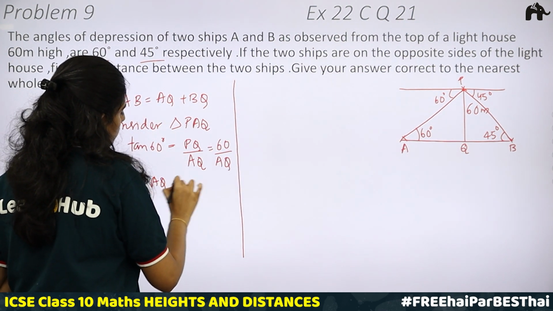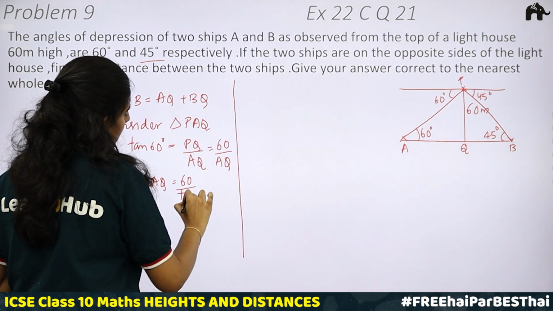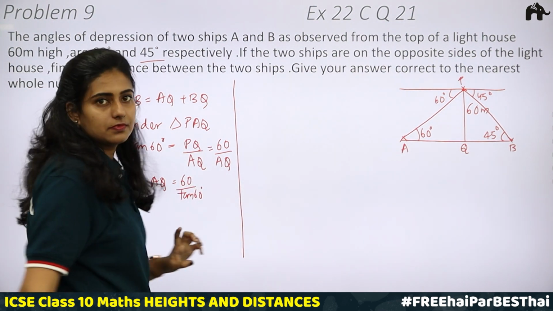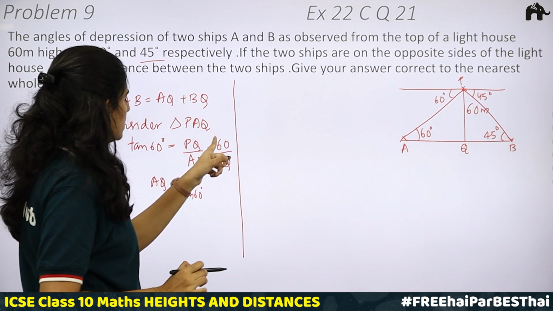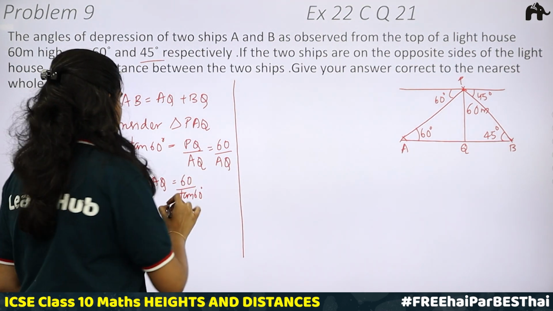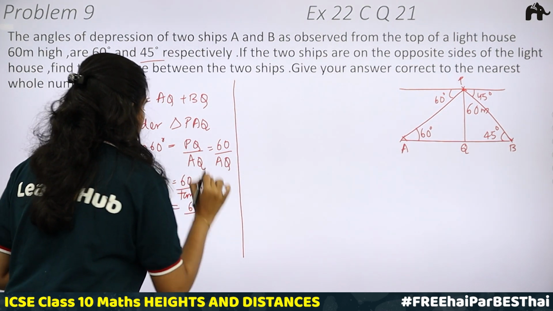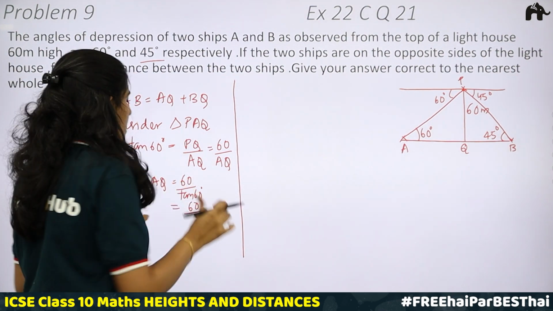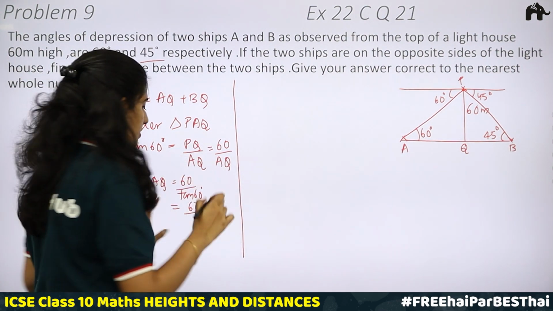AQ will be equal to 60 divided by tan 60 degrees. What is the value of tan 60 degrees? Tan 60 degrees is equal to root 3.